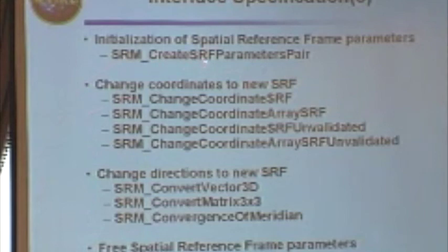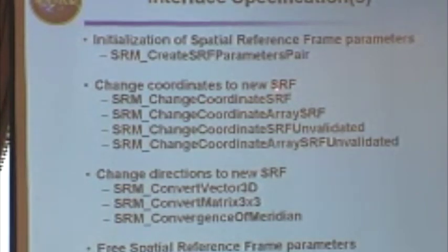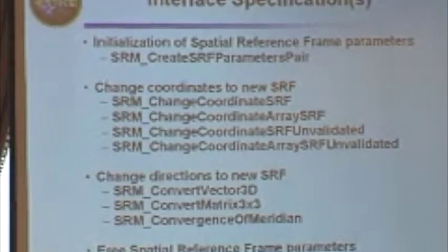We create a spatial reference frame parameter pair. These are the spatial reference frames you want to do an operation from and an operation to. And what operations can you do? You can change coordinates to the new SRF. That might involve a transformation.